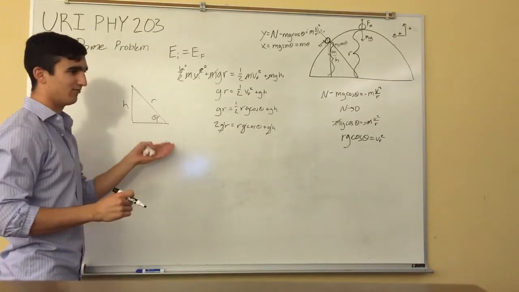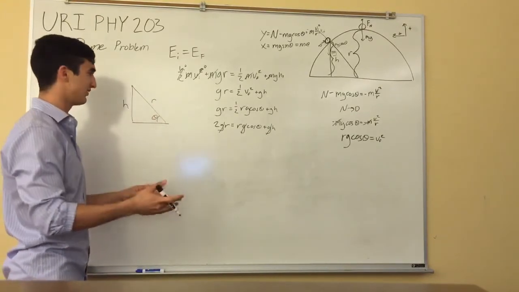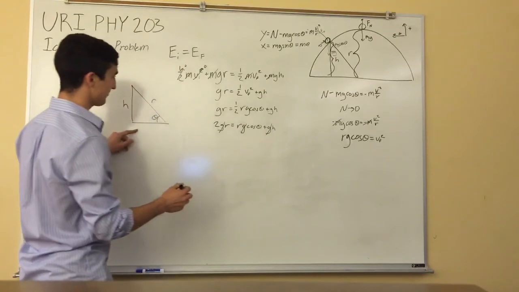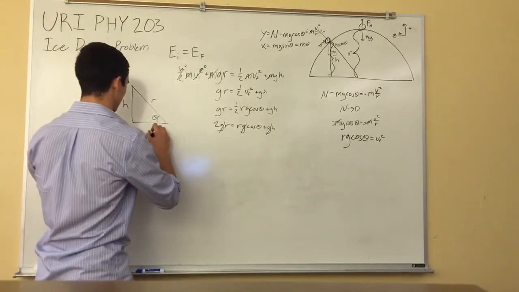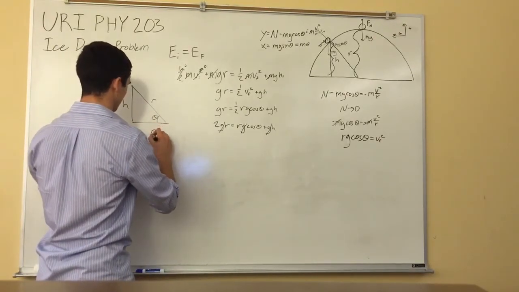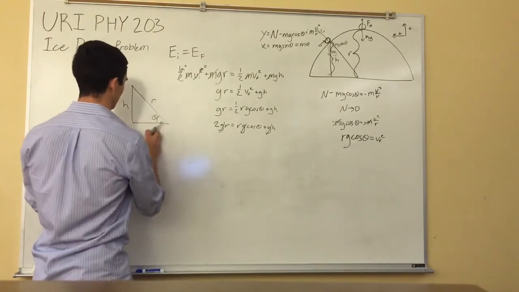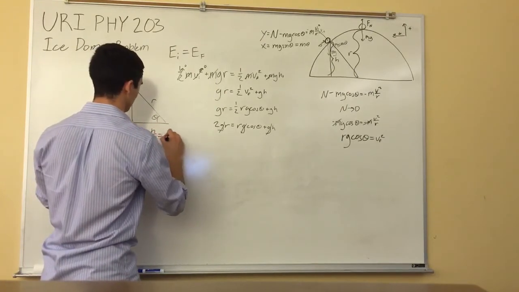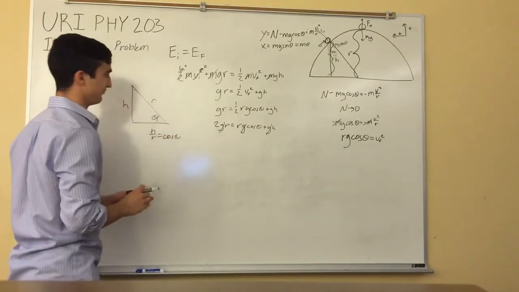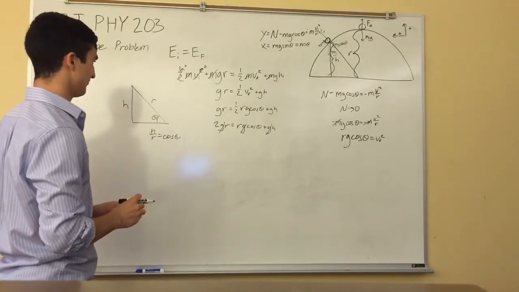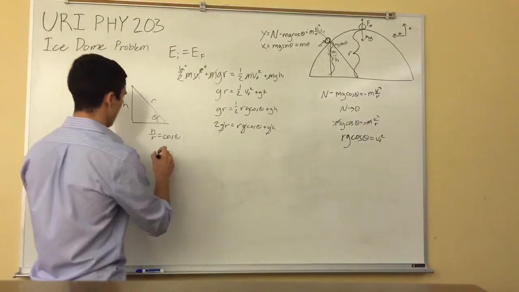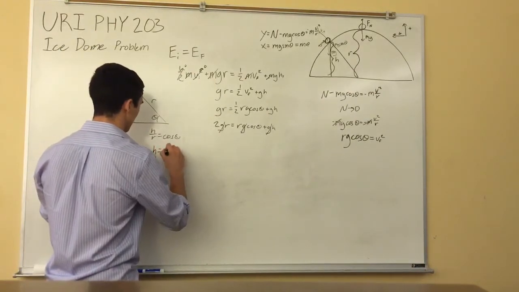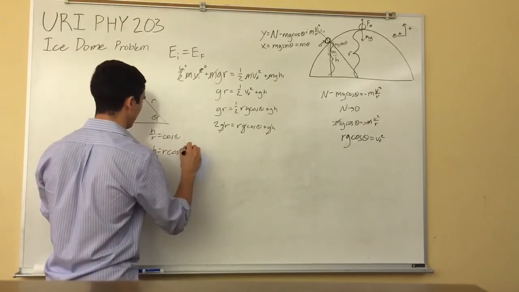So 90 minus theta then creates cosine. So h over r is equal to cosine theta, right? So h is equal to r cosine theta.